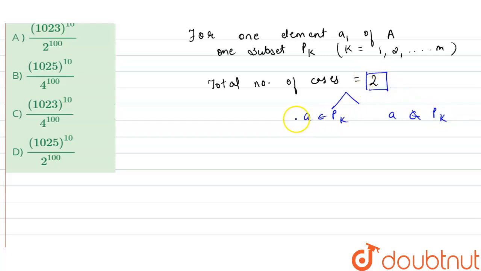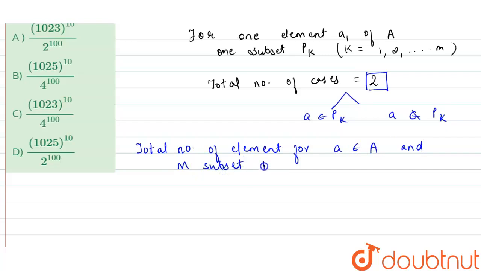Now in the question, total number of cases for one element when A1 belongs to A, and M is the number of subsets P1, P2, up to P to the power M. So this will be 2 cases for each subset. Now if A1 will belong to all the subsets, that is P1, P2, P3, P4, how many ways will there be?